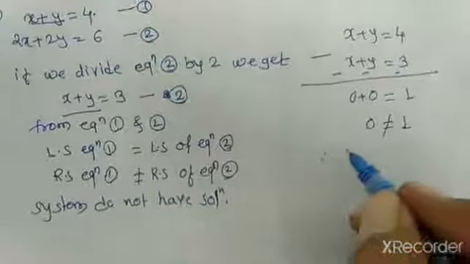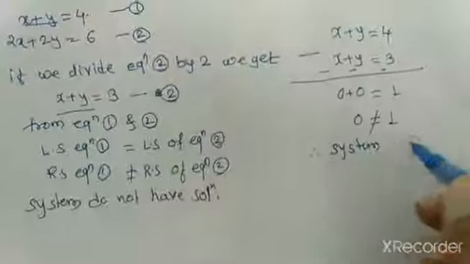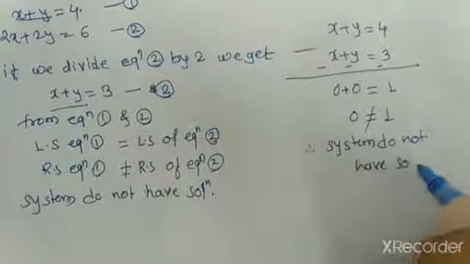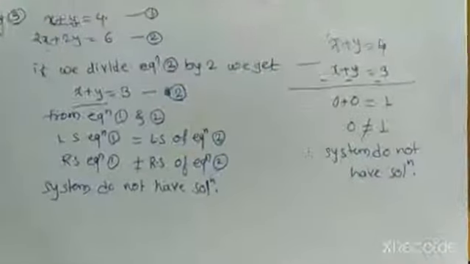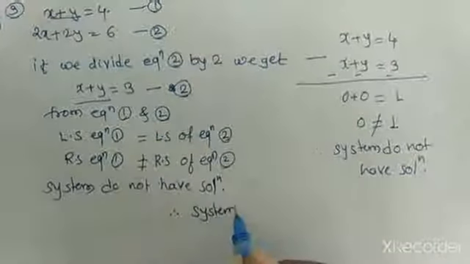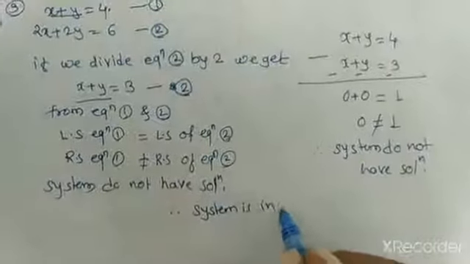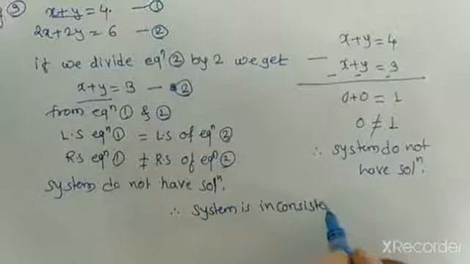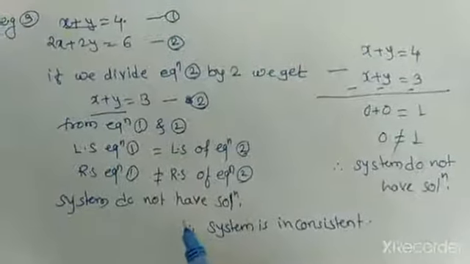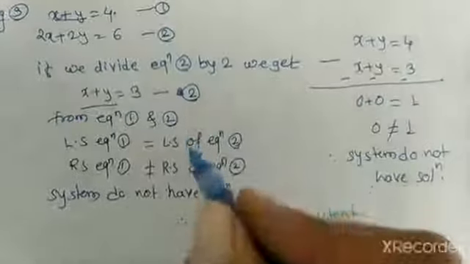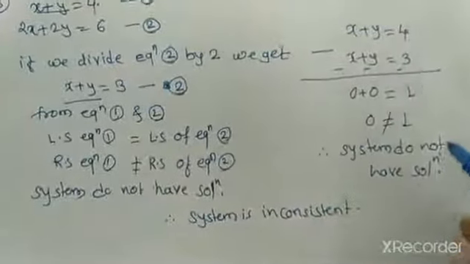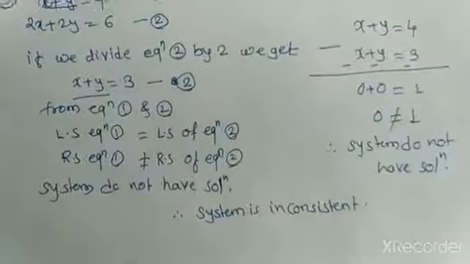Therefore the system does not have a solution. Therefore the system is inconsistent. By observation also you can write whether it is consistent or not. If you do not understand this process, you can check by solving simultaneously.